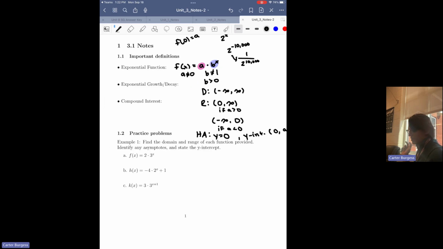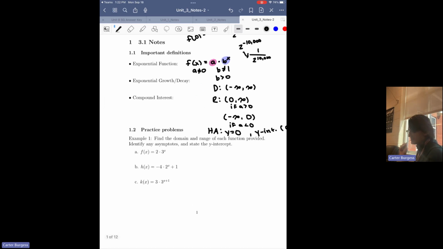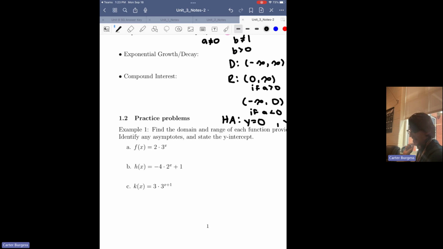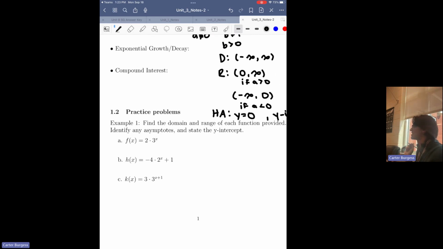All right, so example 1 asks us to find the domain, the range, asymptotes, and y-intercept. So basically what we just did for the parent function, but for specific values of a and b. So looking at this, it's fairly standard in this case: a would be equal to 2, b would be equal to 3. Thinking about our domain, do we really ever have any reason to change our domain? No, our domain is always going to be negative infinity to infinity.